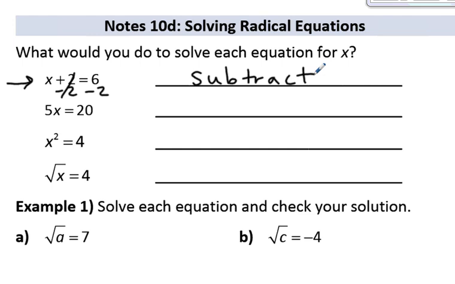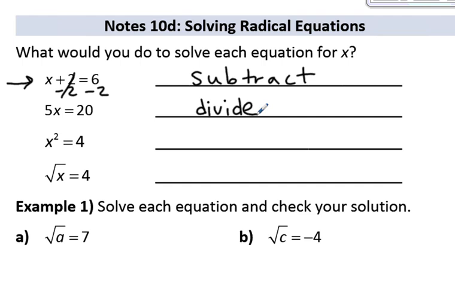For the next one, 5x equals 20, what's happening with x? 5 is multiplying x, so to undo multiplication, you would divide. Solving an equation involves looking for opposite operations: addition, subtraction, division, multiplication.